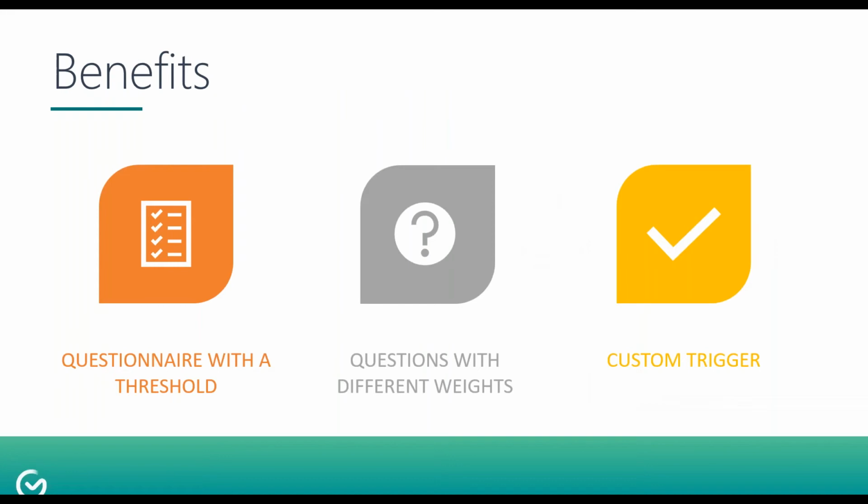So what are the main benefits or where can you use that? As I mentioned, the first use is, let's say you have some kind of questionnaire template that has a threshold where you would like to say, okay, this inspection or this job, which is represented by the questionnaire, has failed or has passed. You have different questions within the templates.